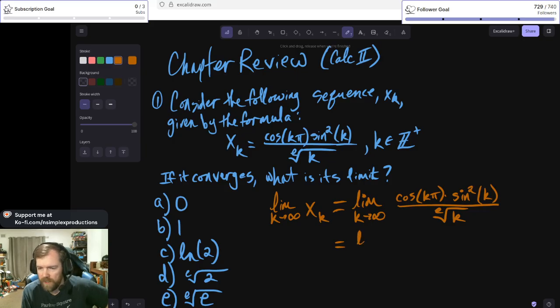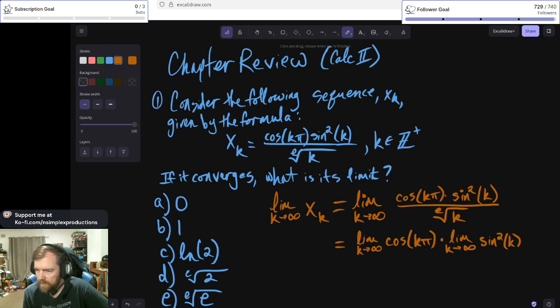So we can, in fact, say that this is going to be the limit as k goes to infinity of cosine of k pi times the limit as k goes to infinity of sine squared of k over the limit as k goes to infinity of the kth root of k.